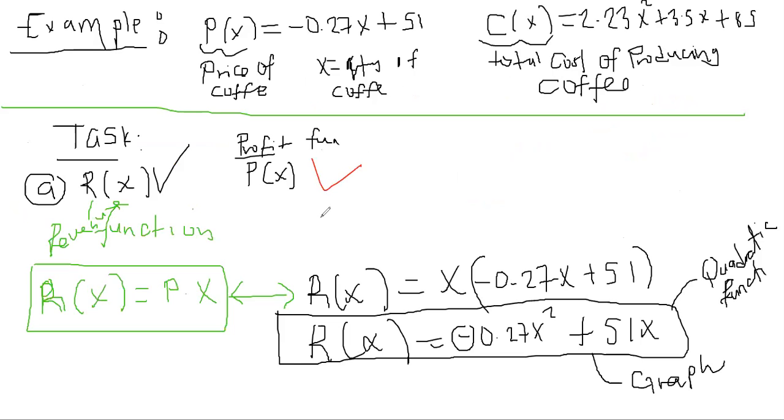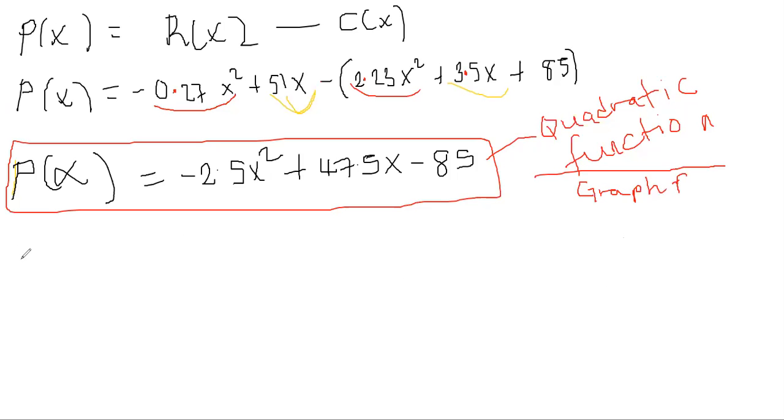So the B part of the task is that we wanted to know at what level of production of coffee is profitable, at what range. Let's say that task B is asking us: for what value of x? We know that x is the quantity of coffee produced.